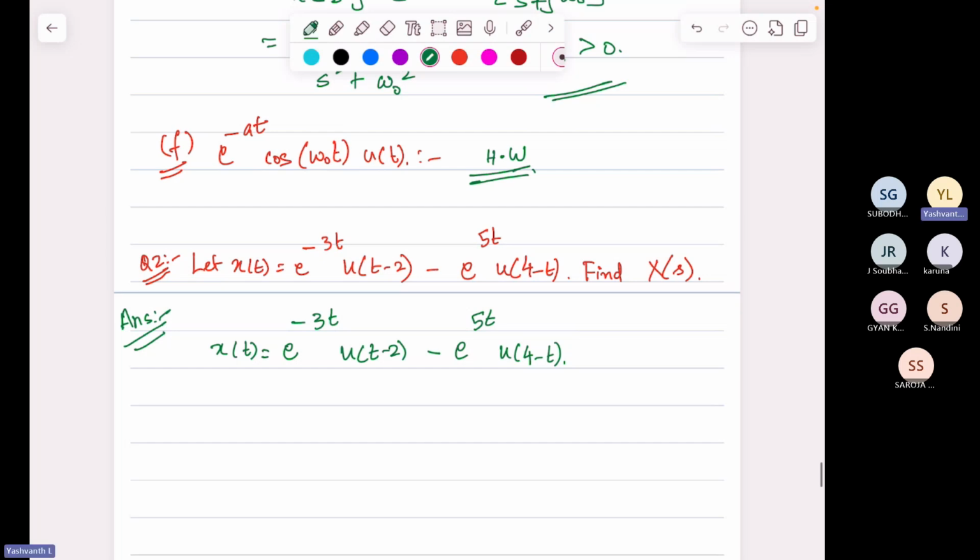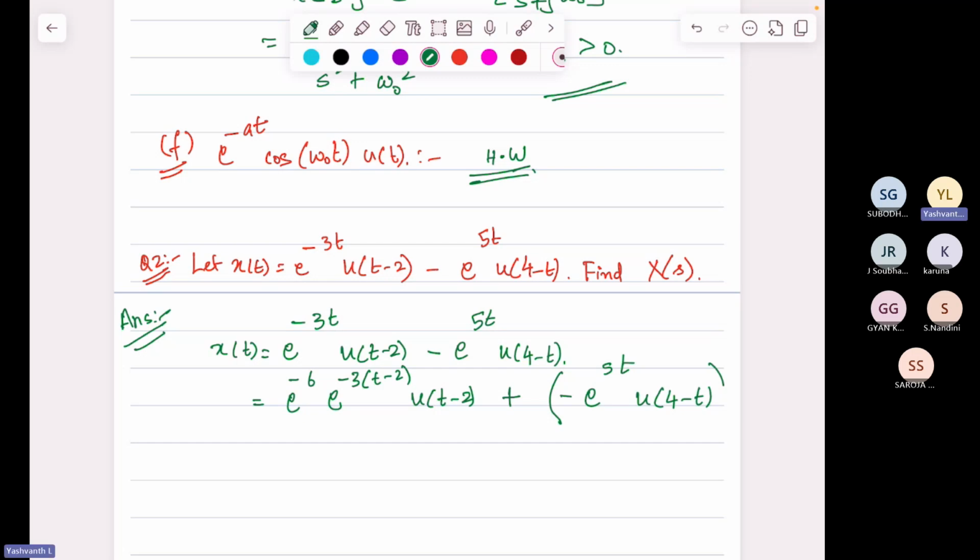So what I'm doing, e power minus 6 into e power minus 3 of t minus 2 into u of t minus 2, plus minus e power 5t into u of 4 minus t.